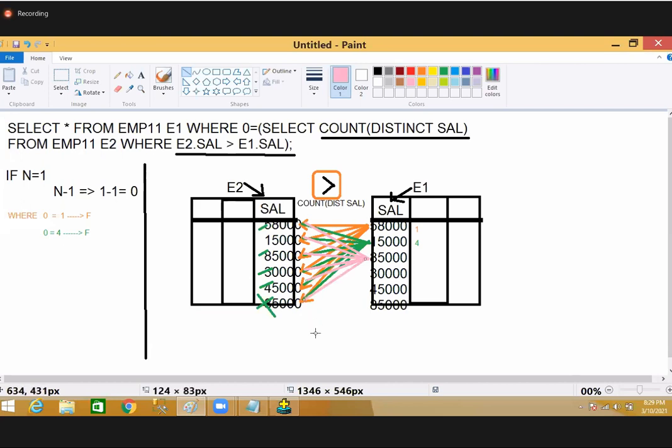Now tell me, guys, 85,000 above, how many values? Is there any value above 85,000?